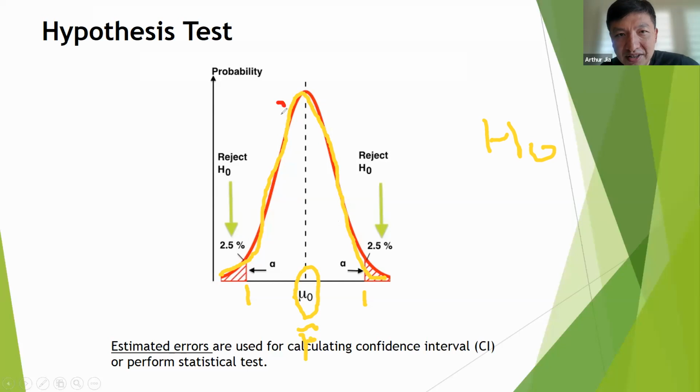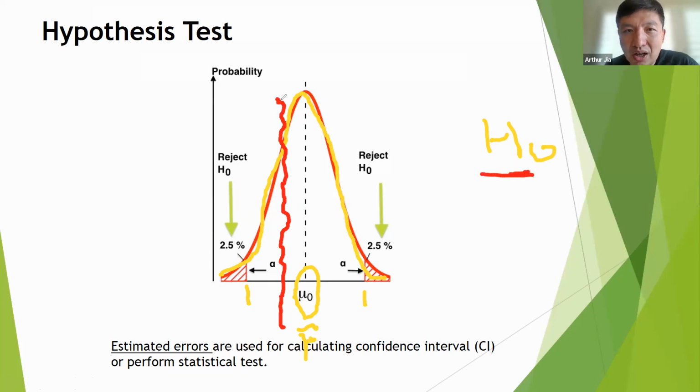If your test statistic is around here, within this range, it is fairly reasonable if your null hypothesis is true. So you got a very reasonable value of the test statistic, and in this case we accept our null hypothesis.